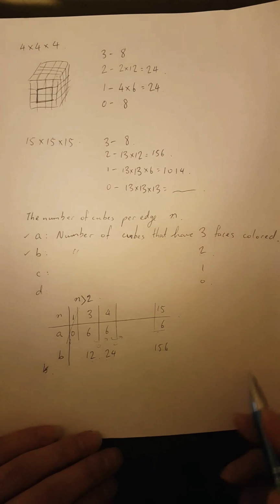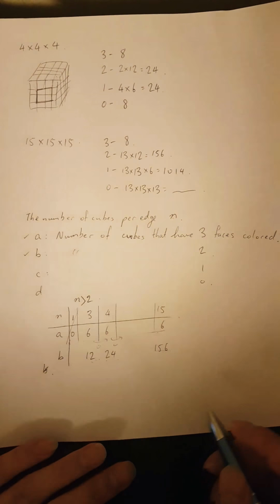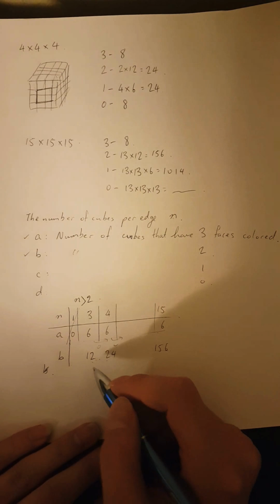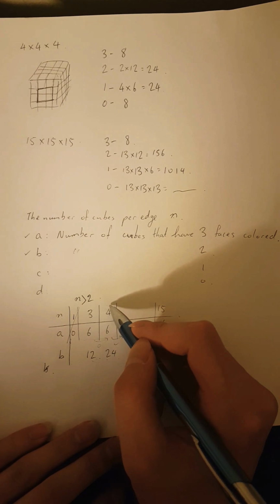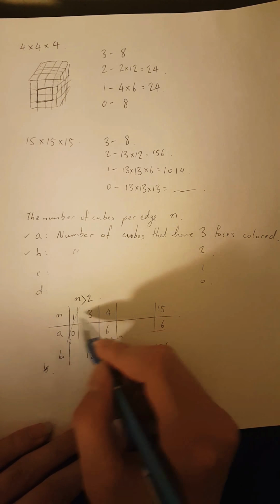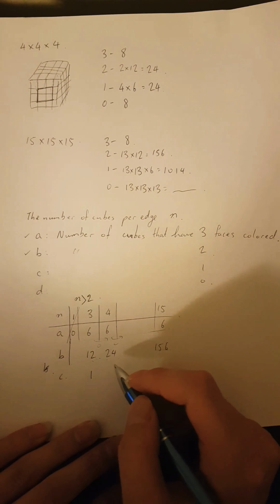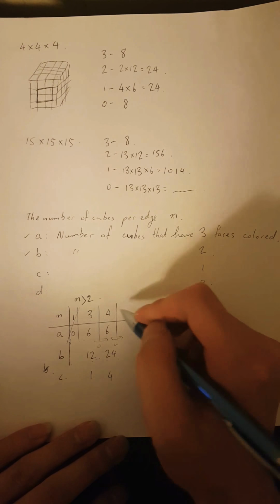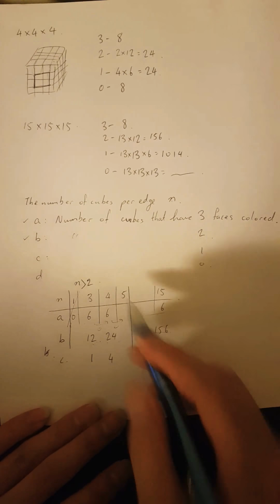What about C? Let's have a look. When n was 3, C was 1, and when n was 4, C was 4. Let's guess for n equals 5.